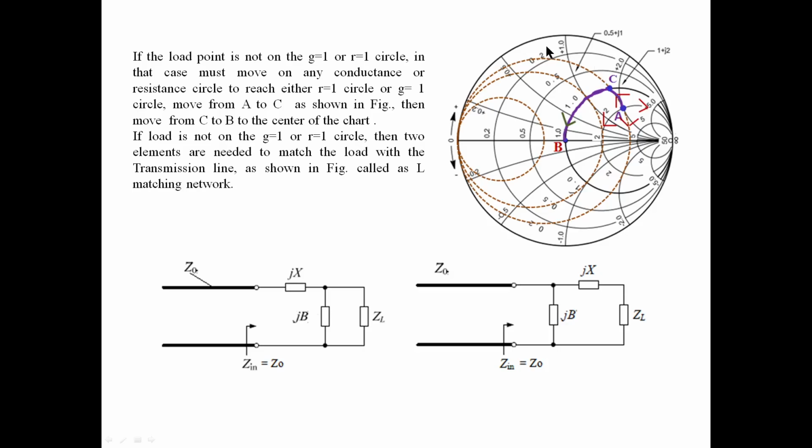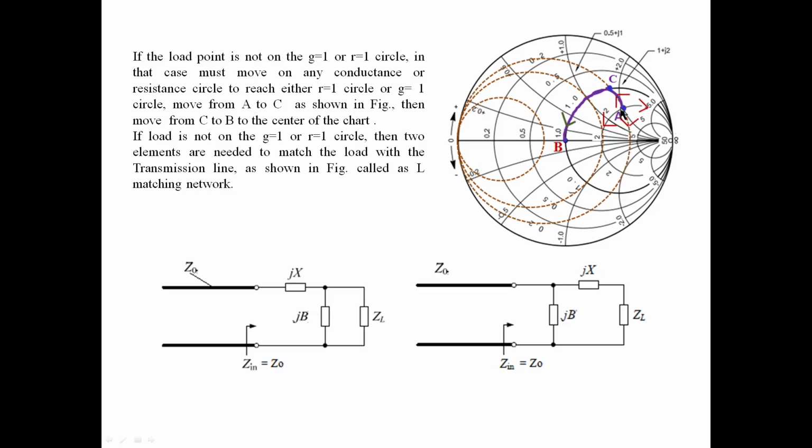Okay, G circle. So from here you can move in 4 different directions. We can move on the resistance circle like this, and from the conductance circle we can move like this and like this.